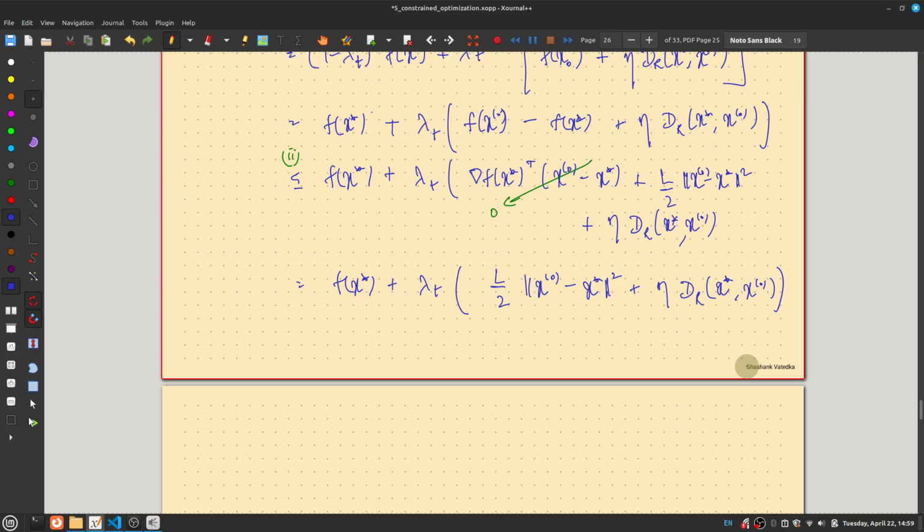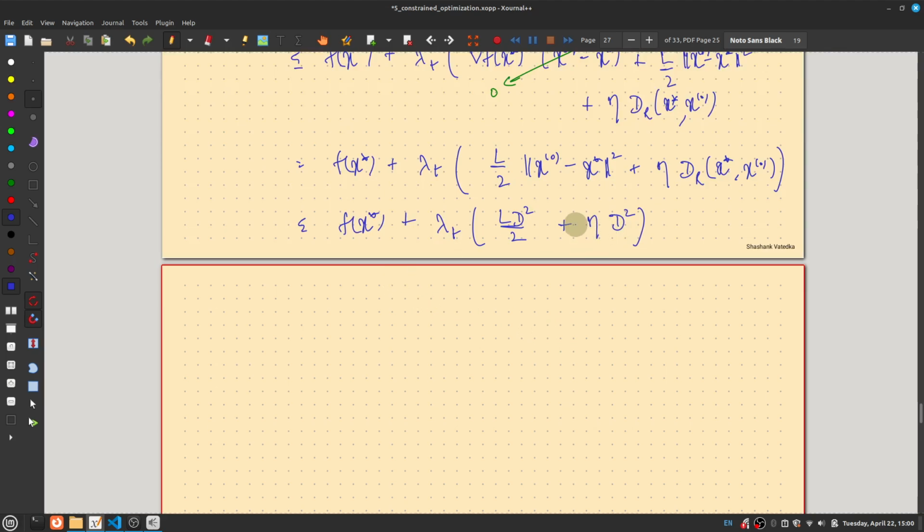Now from assumption 4, this quantity is less than or equal to d square. This quantity is also less than or equal to d square because we've assumed that the initial point is not too far away from the global minimizer. So this is less than or equal to f of x star plus lambda t times L d square divided by 2 plus eta times d square.